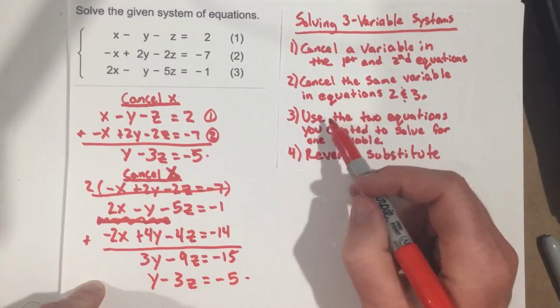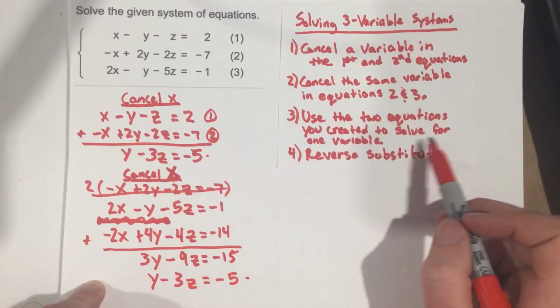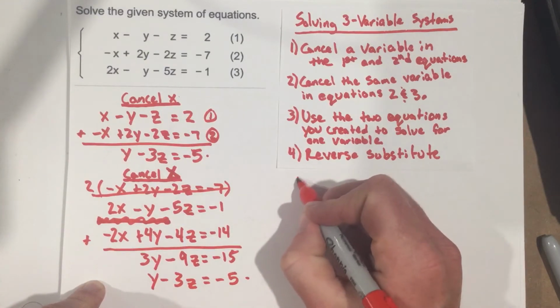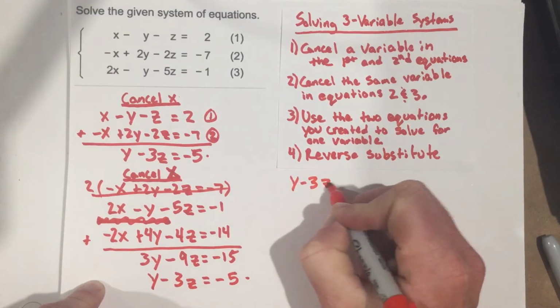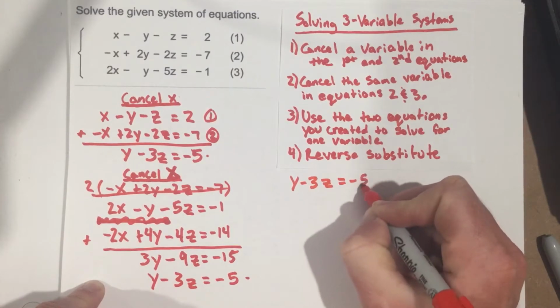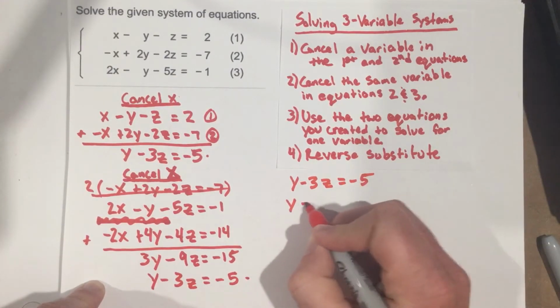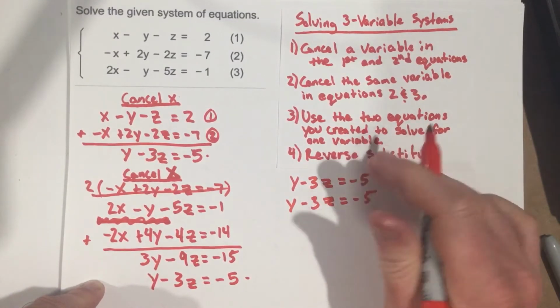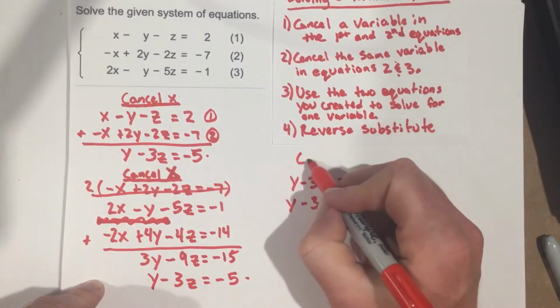In step 3, they say use the 2 equations you created to solve for one variable. So we're going to take y minus 3z equal to negative 5 and we're going to cancel y minus 3z equal to negative 5. We're going to try and cancel, let's just say cancel y. Now you should see what's happening here.